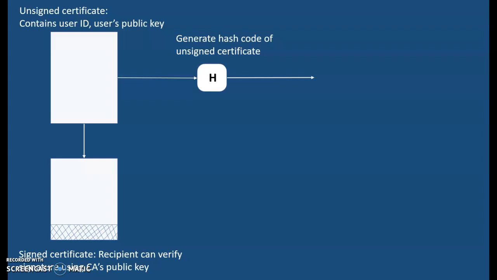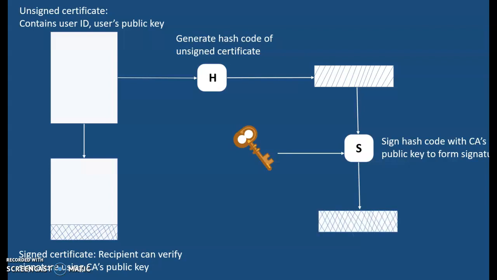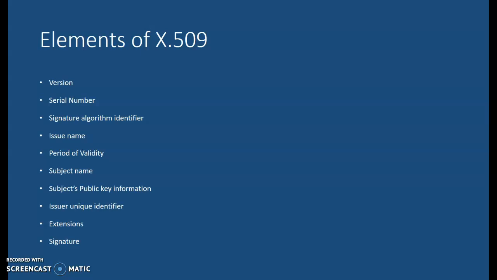After that, the hash code is encrypted using the private key to form the signature, which is then concatenated with the original message.